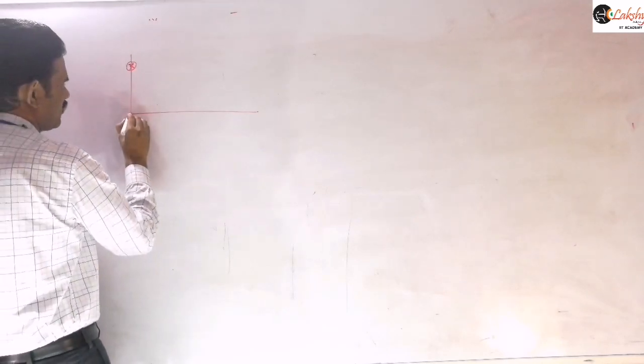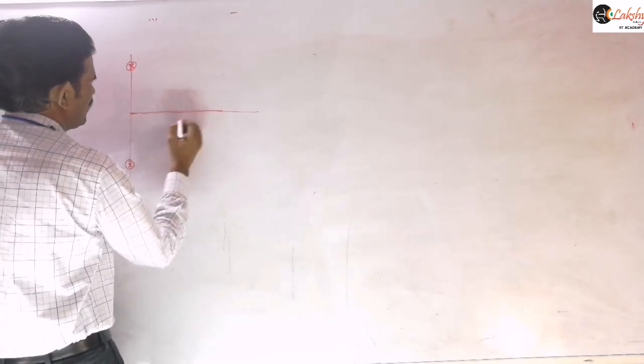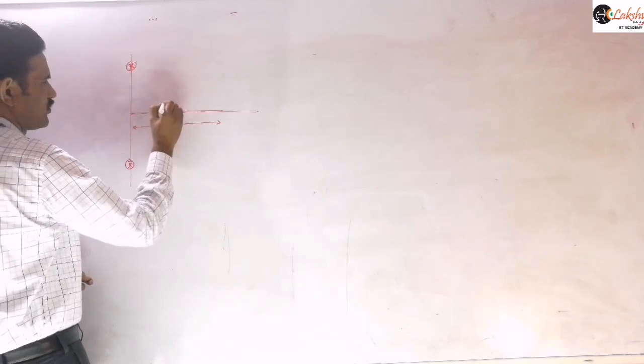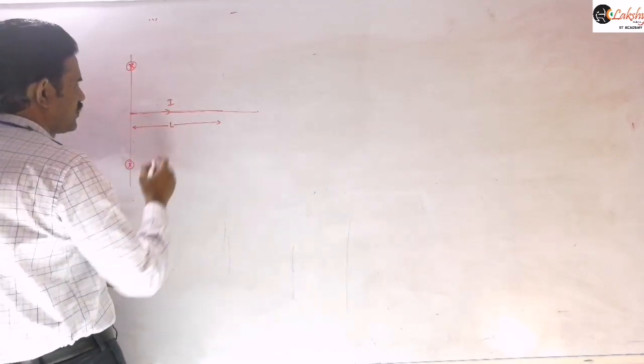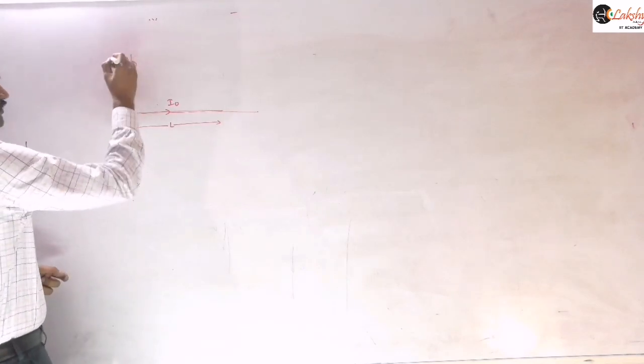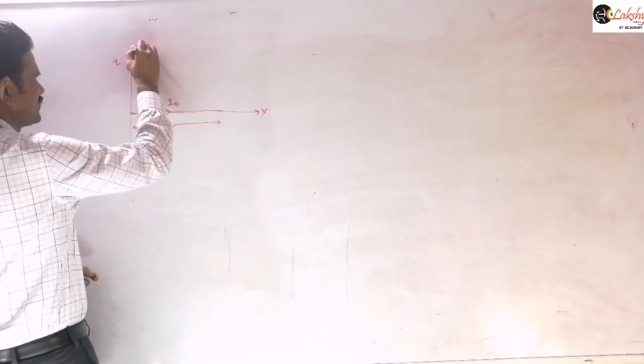Now this is a current carrying wire of finite length L. Suppose this is carrying some current I0, and this current is I and this current is I. You may take this as the x axis and this as the y axis.